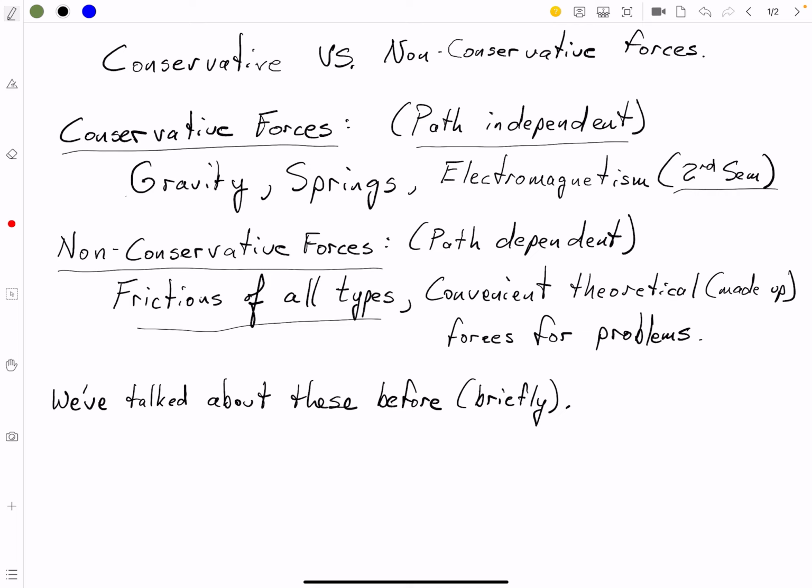And we even did a theoretical force on the board that varied as a function of x and y. We looked at that and found that it was non-conservative, or path-dependent. So if it depends on the path that it takes, then it is non-conservative.